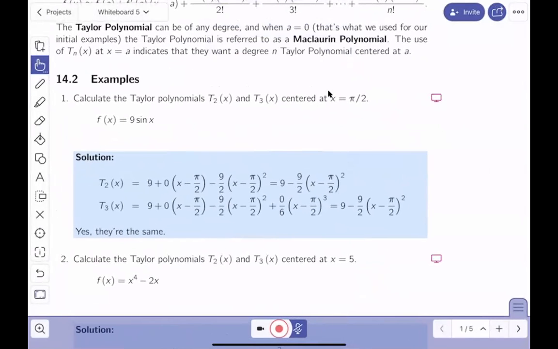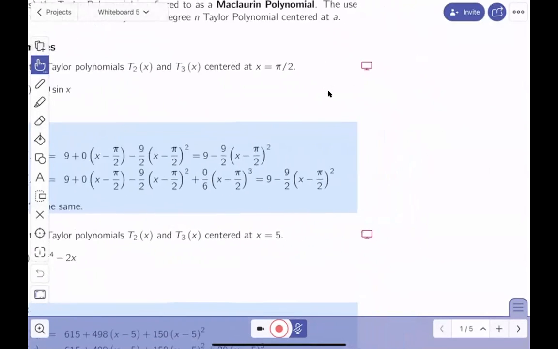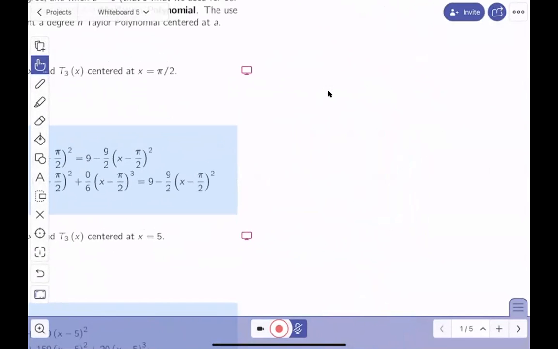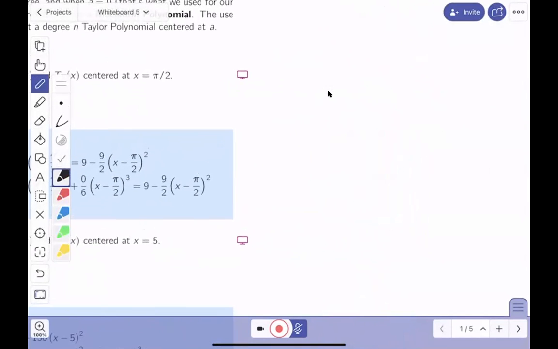Number 1 says calculate the Taylor polynomial T2, T3 centered at x equals pi over 2. Well, the first thing I do is I got to generate derivatives. All right. So I'm going to write f of x down. And that's 9 sine x.